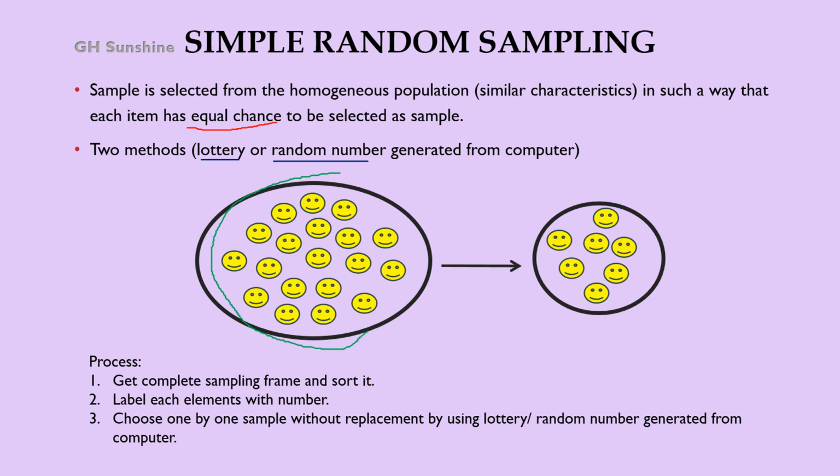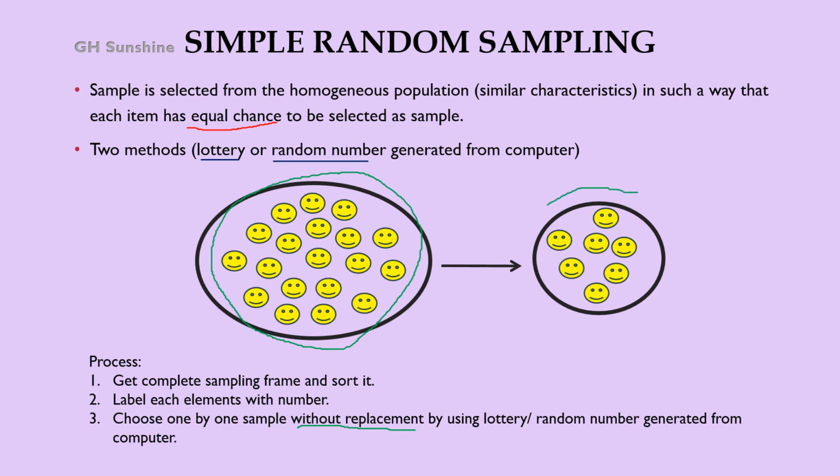Complete the sampling frame from the population of interest and sort it. That's why you must have the sampling frame if you want to use the probability sampling technique. And then label each element with a number. And the last process is to choose one by one sample without replacement by using the lottery method or random number method.